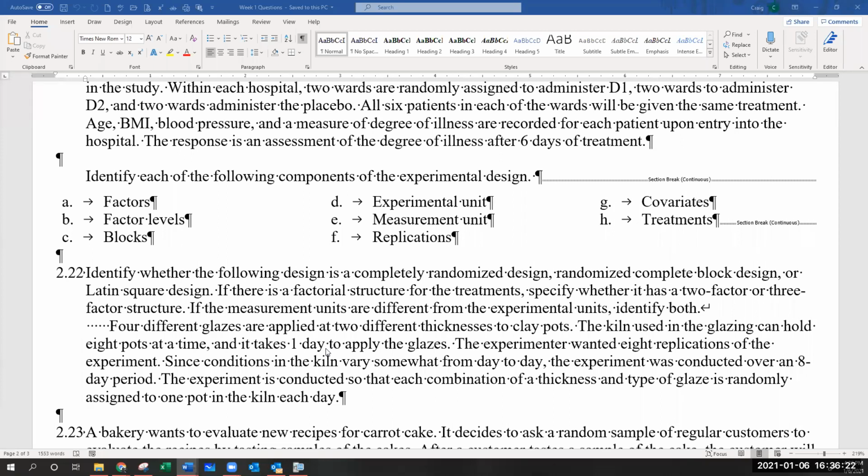Each hospital is its own block. And then within that block, we have an experimental unit of the wards. And then within those wards, we have the measurement units that are the patients. And now what's happening? What are our replications?